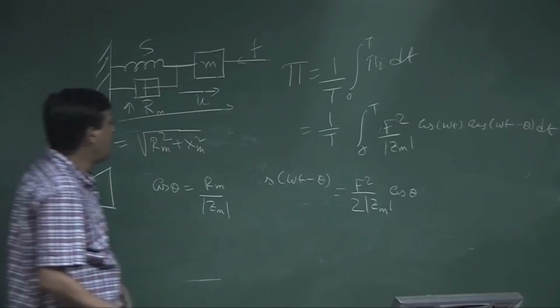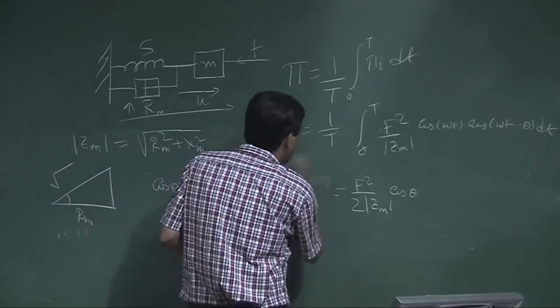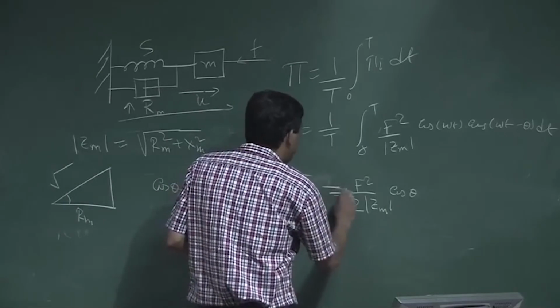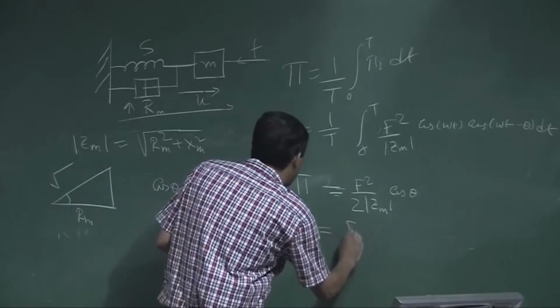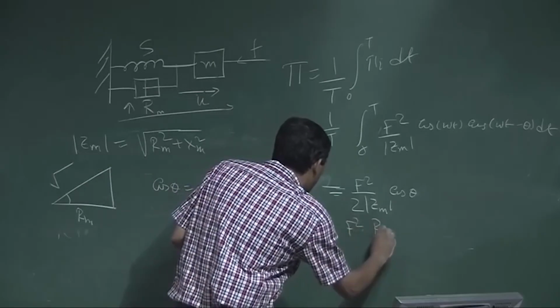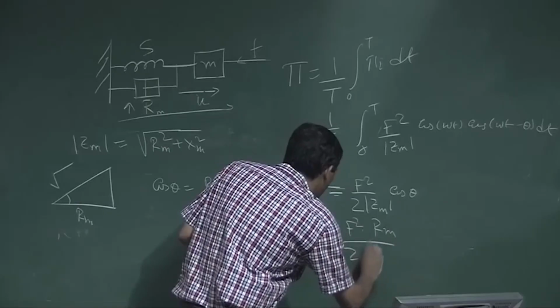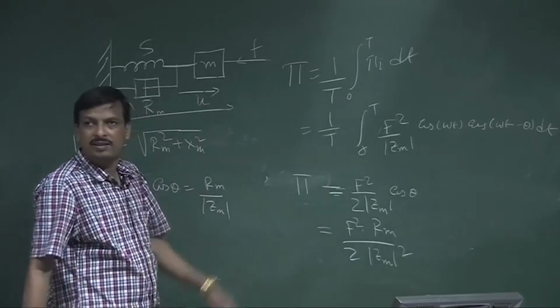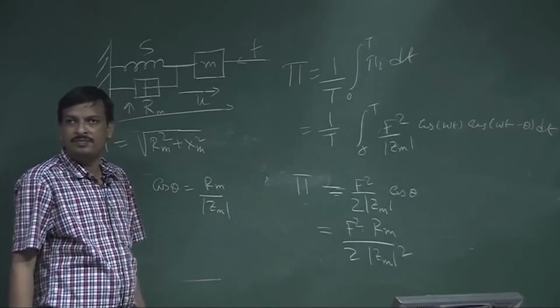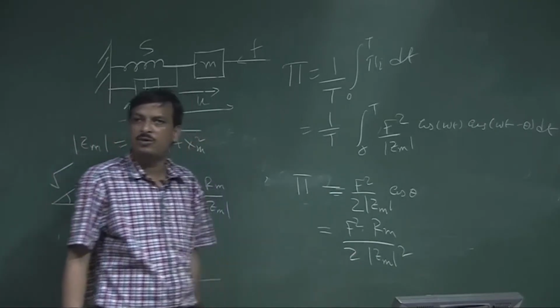So, if it is Rm by mod of Zm, then the average power is equal to f square by 2 Zm cos theta. I can put the value of cos theta: f square into Rm by 2 mod of Zm square.